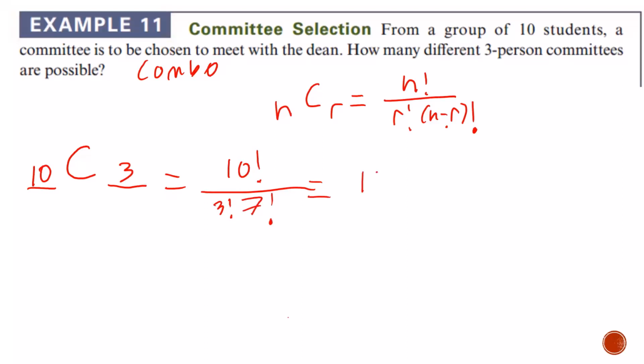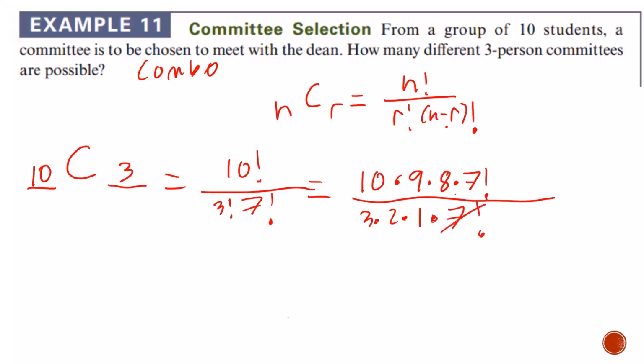I'm going to rewrite 10 factorial like this. Are you comfortable about why I can do that? Because the 7 factorial just means continuing onward. I'm going to expand the 3 factorial, but leave the 7. These cancel out.